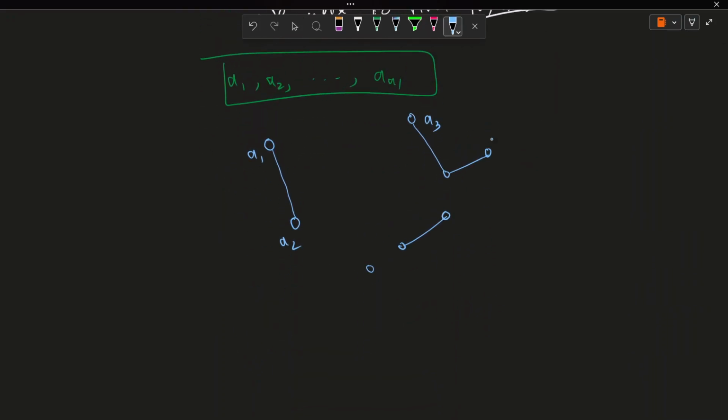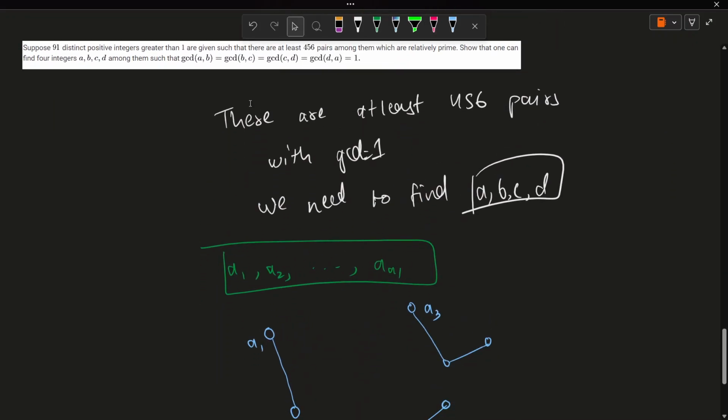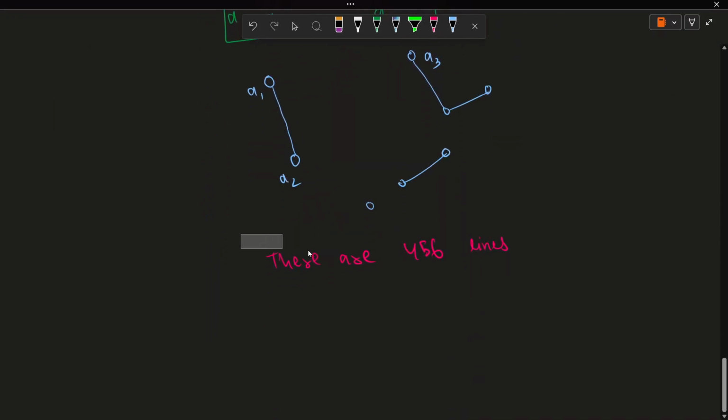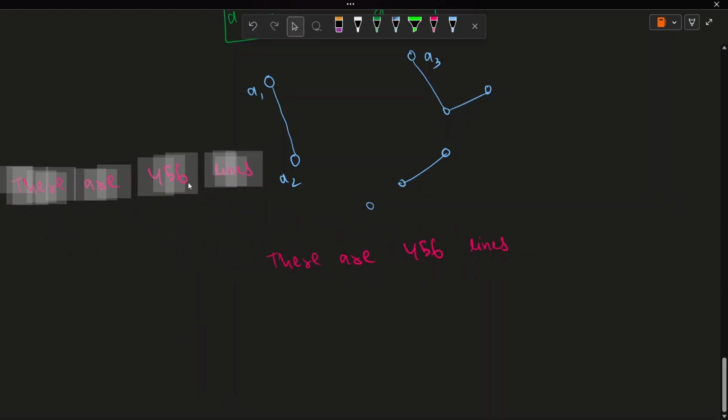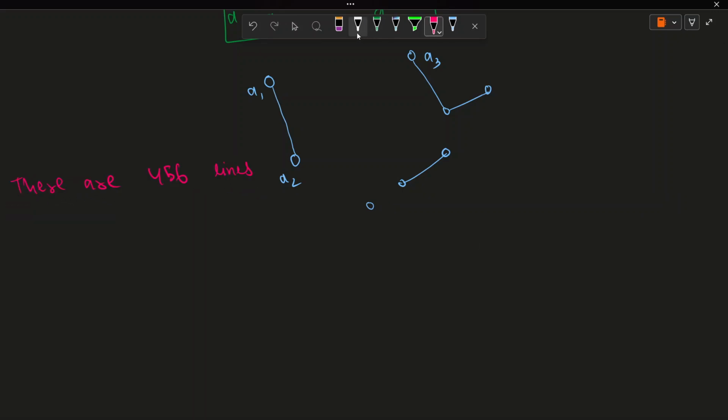So what we know is there are 456 lines. If we reformulate our problem statement in this graphical manner, we need to show that a quadrilateral exists.